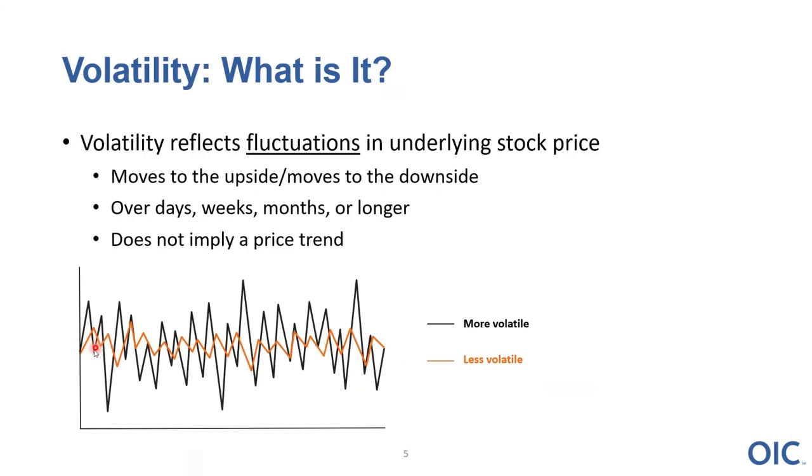Given two stocks that start in the same place, end in the same place, two different volatility levels may exist depending on how those stock price movements occur in between the beginning and ending points. During the observation period, one stock may be more volatile than the other, despite having an open and close that is exactly the same.